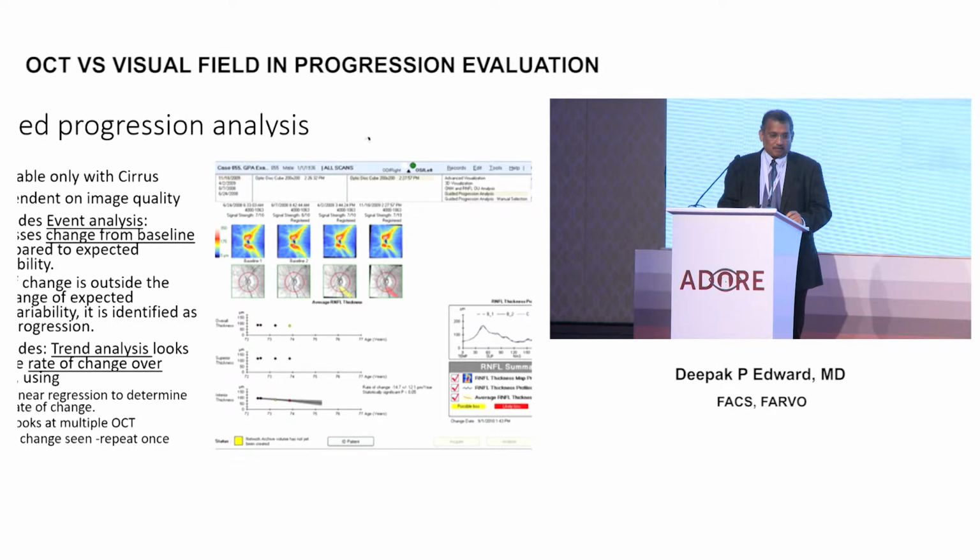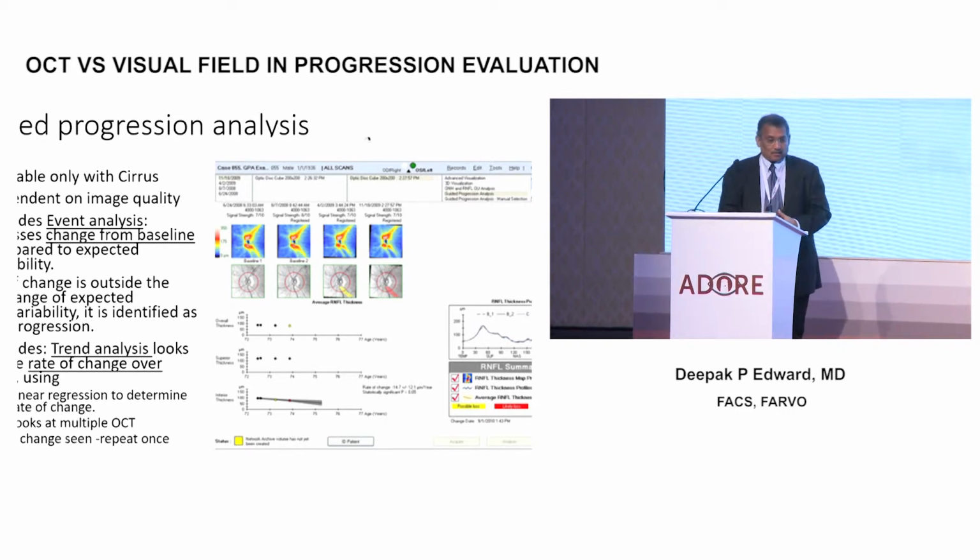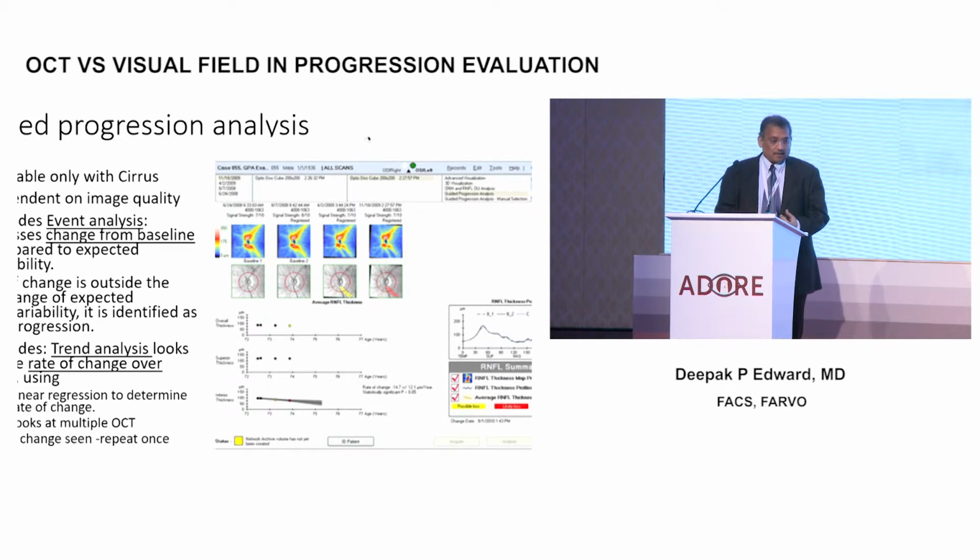You see that retinal nerve fiber layer defect in the lower panel on the top, which is right there. When the color is yellow, it tells you it's a probable change, and if it's red, it determines that it's a real change. And again, if the change is outside the expected variability determined by the machine and the algorithm, it is defined as progression.